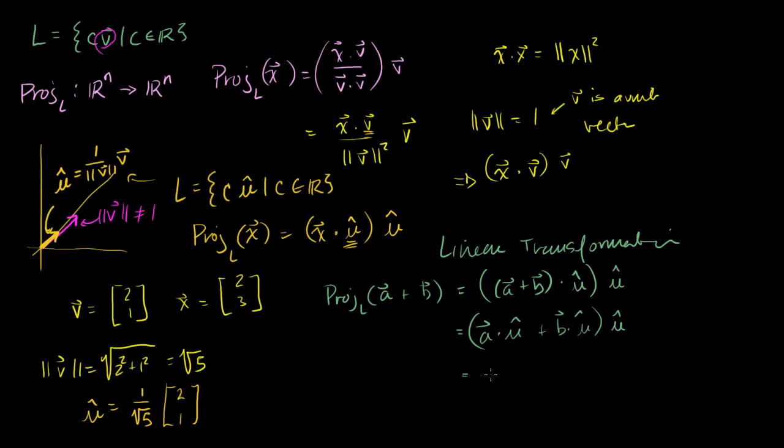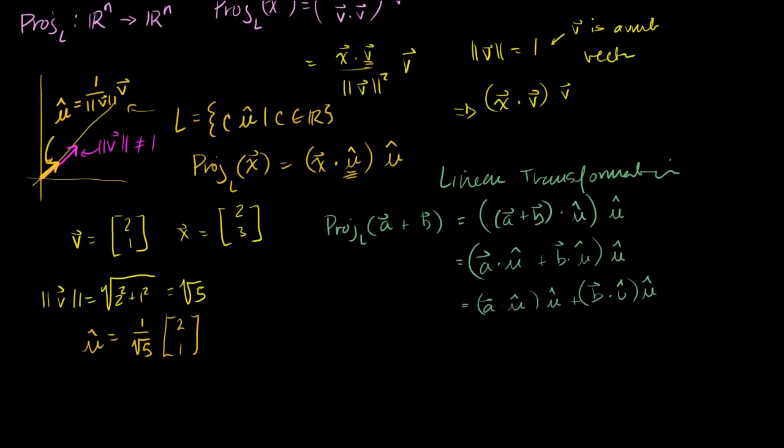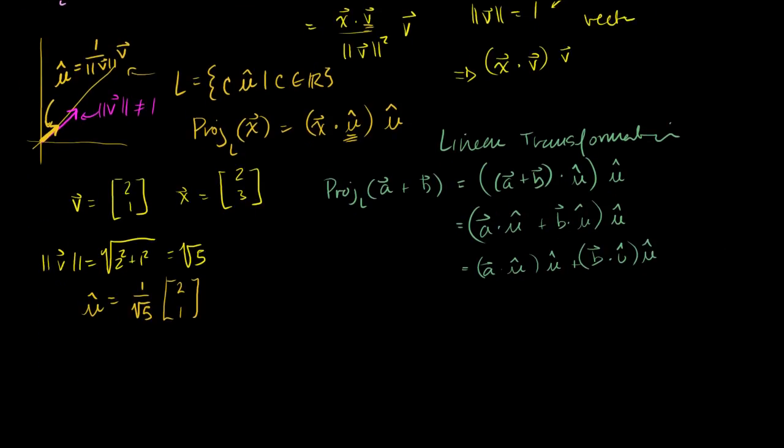So this is equal to A dot u times our vector u. Remember, this is just going to be some scalar. Plus B dot u times our unit vector u. And what is this equal to? Well, this right here is equal to the projection of A onto L by definition, if we assume that we're dealing with a unit vector definition for the line.